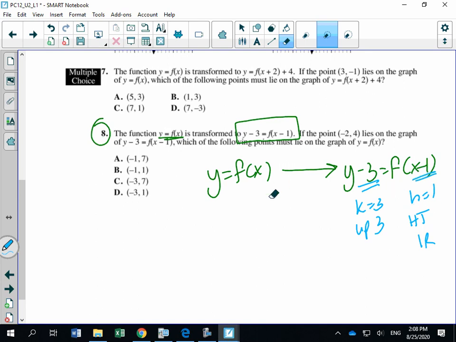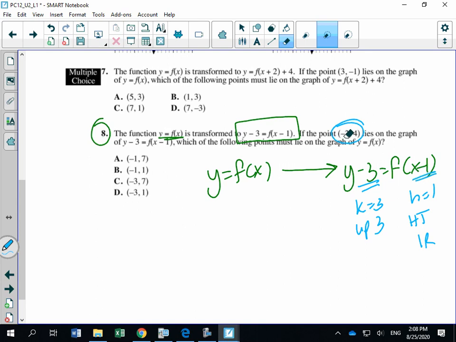Then what they do is they give us this point here, but we haven't done a question like this because normally what we've done is that's the original point, and then we transform it, which is really easy, right? We would just take the y value, go up 3, take the x value, go right 1.